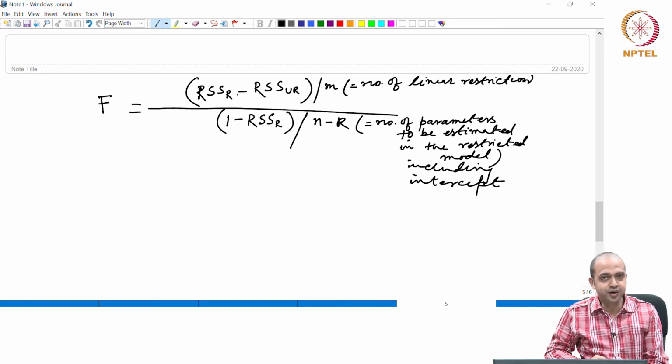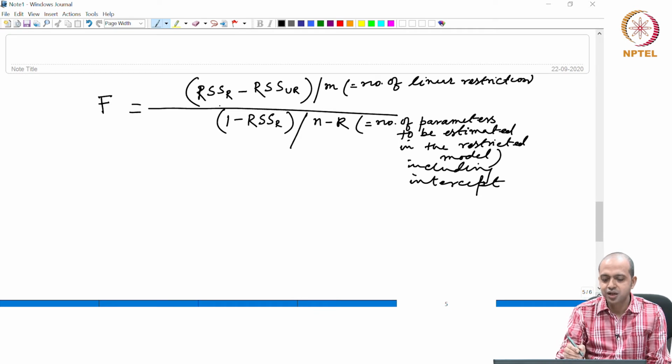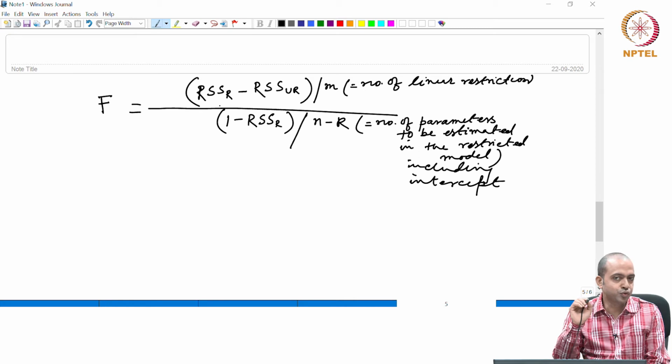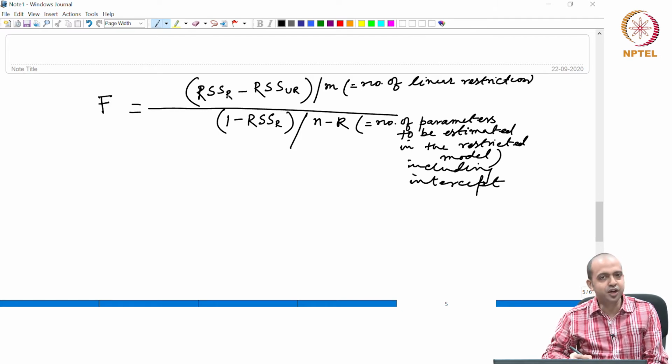In a restricted version you have fewer explanatory variables, so obviously the residual part would be more. That is why RSS R is always greater than or at least equal to RSS UR. It should not be less than RSS UR. If you remember that point, you will never get confused about the numerator.